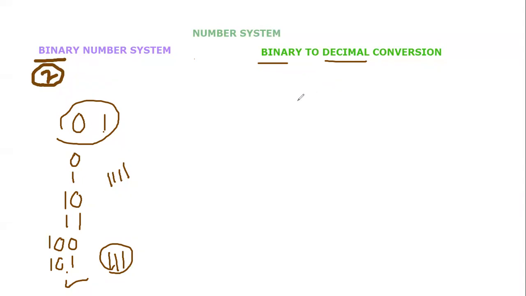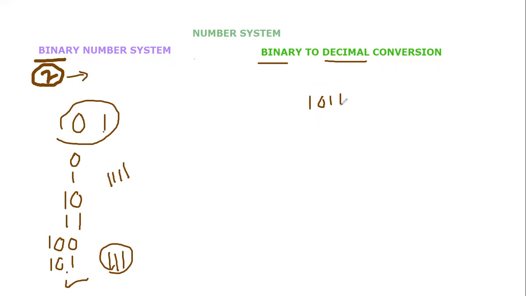We already discussed the weight concept in the last tutorial, but I'm going to explain it again from the perspective of binary numbers. Let's say we have a 4-bit binary number, 1011. Its base is 2. We already discussed that the number of symbols is known as the base or radix.